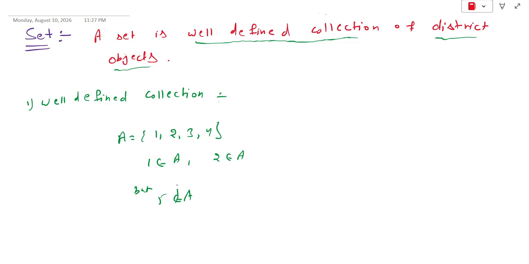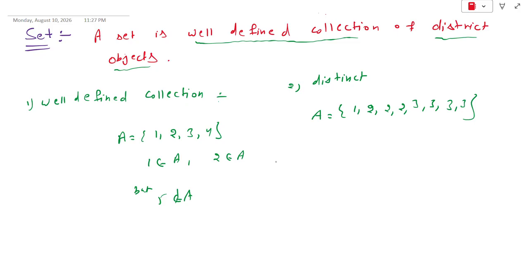So second thing is distinct. Distinct means that the elements of a set are considered without repetition. For example, A is equal to {1, 2, 2, 2, 3, 3, 3, 3}.